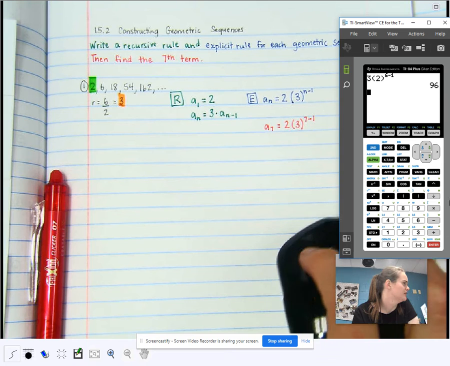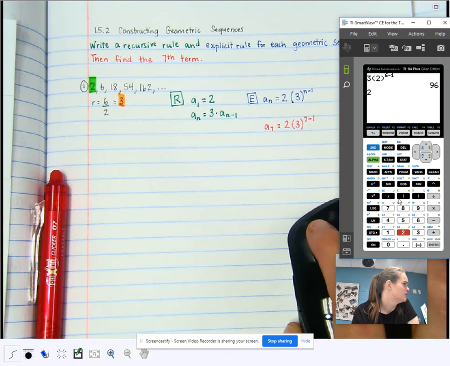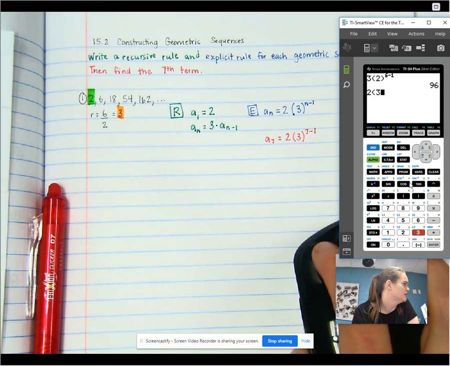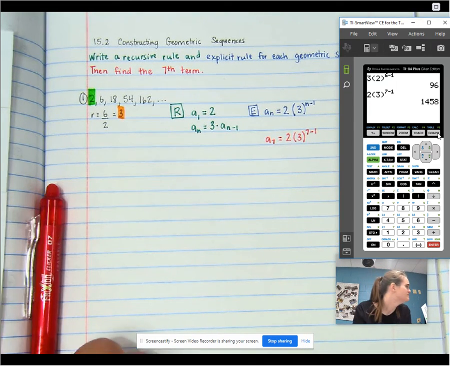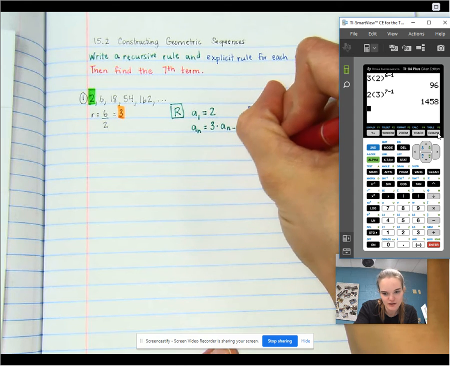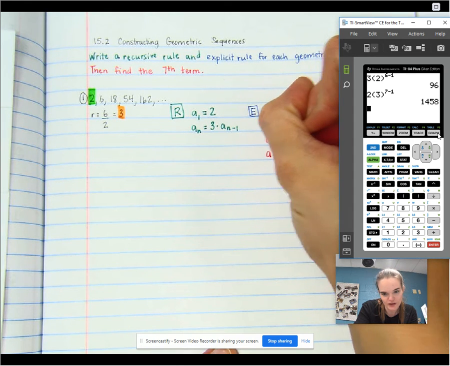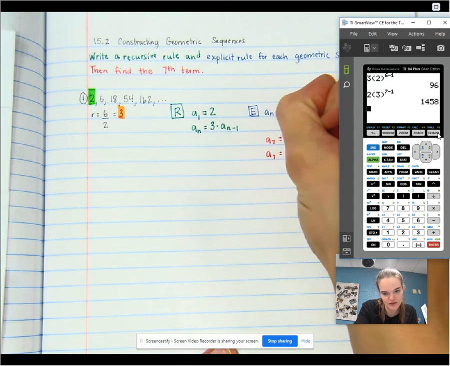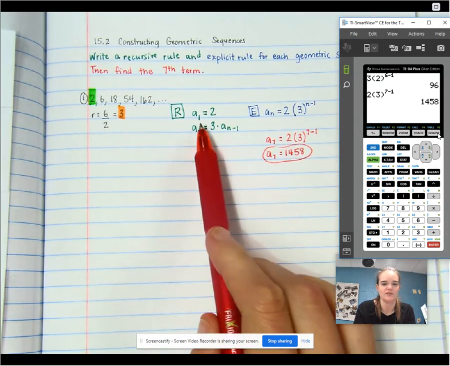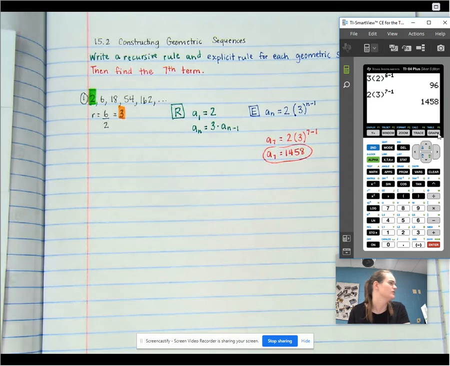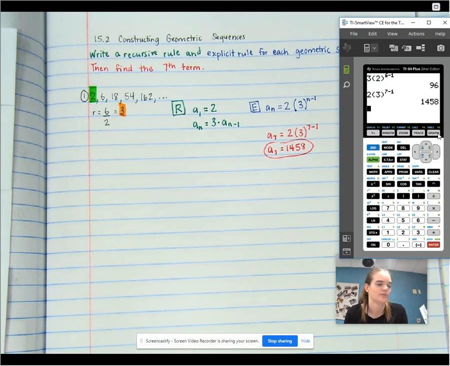So my calculator here, 2 parentheses 3 to the 7 minus 1. 1,458. So A sub 7 equals 1,458. I was asked to do 1, 2, 3 things, and I've done 1, 2, 3 things. You need to make sure you have all of those done.